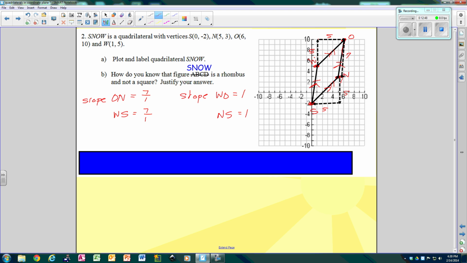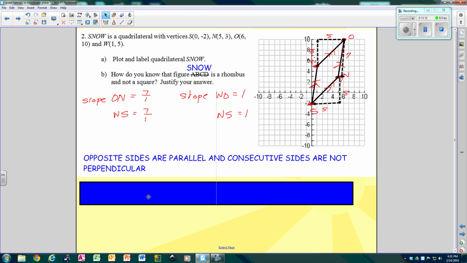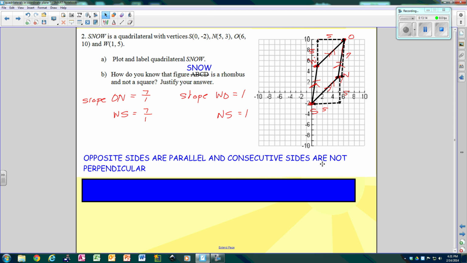Okay, so since the slopes are not negative reciprocals of each other, opposite sides are parallel, but they're not perpendicular. So we would say that opposite sides are parallel and consecutive sides are not perpendicular. So that's how we know that it's a rhombus and not a square.